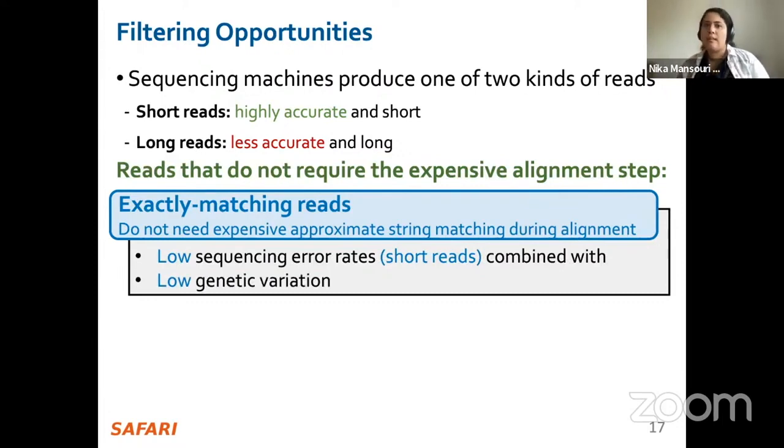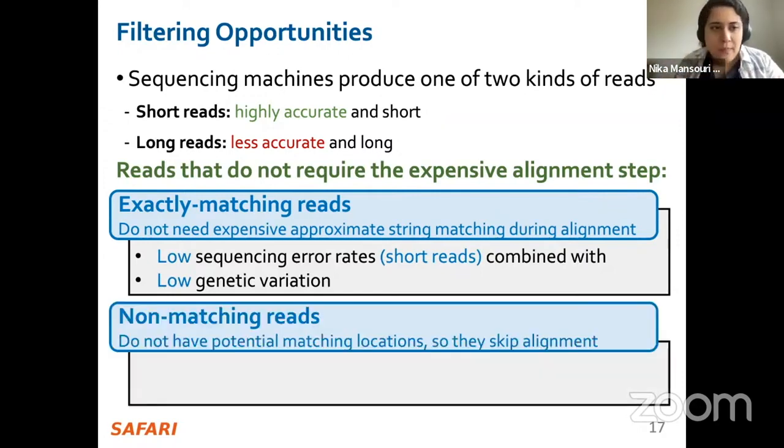For example, reads from humans, let's say 80% of them on average, match the human reference genome because in general we have low genetic variation compared to viral samples or bacterial samples.